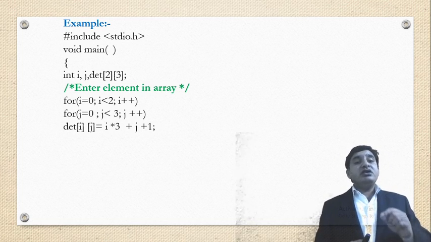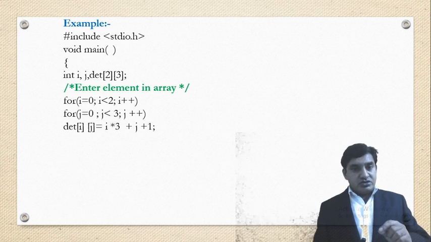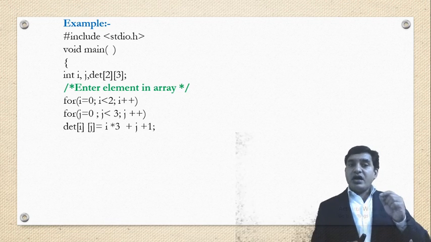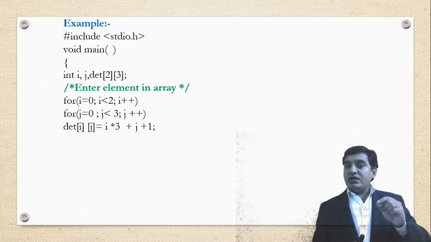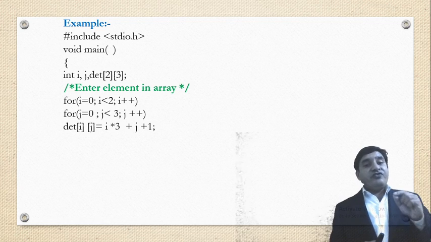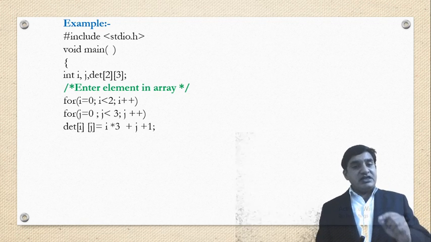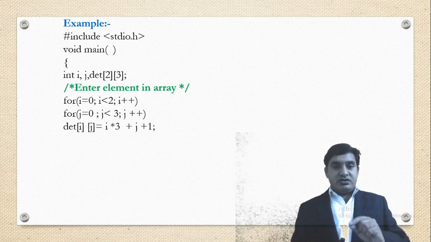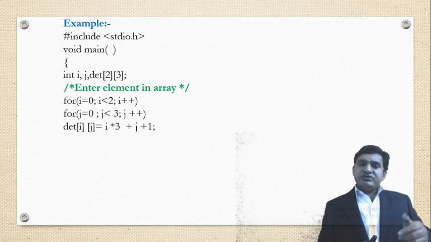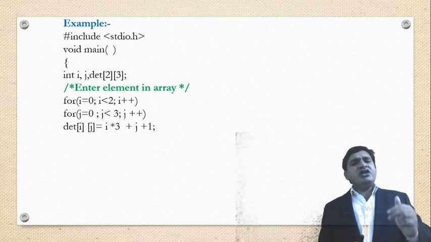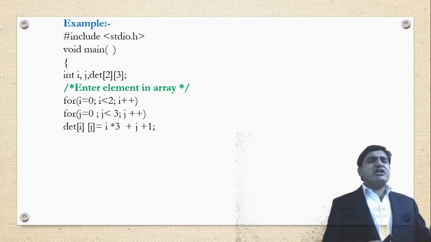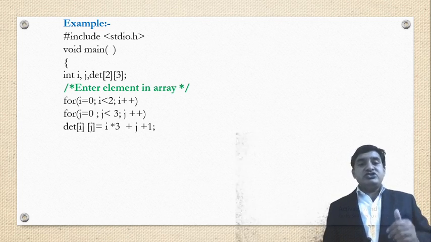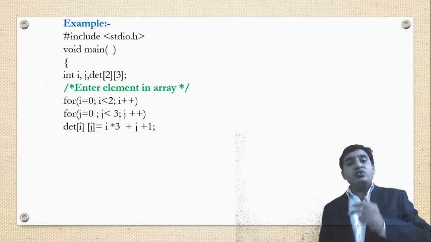i represents the row. The first value is 0 and the second is 1. In the second for loop, j is equal to 0, then j is incremented while j is less than 3, so j goes up to 2.